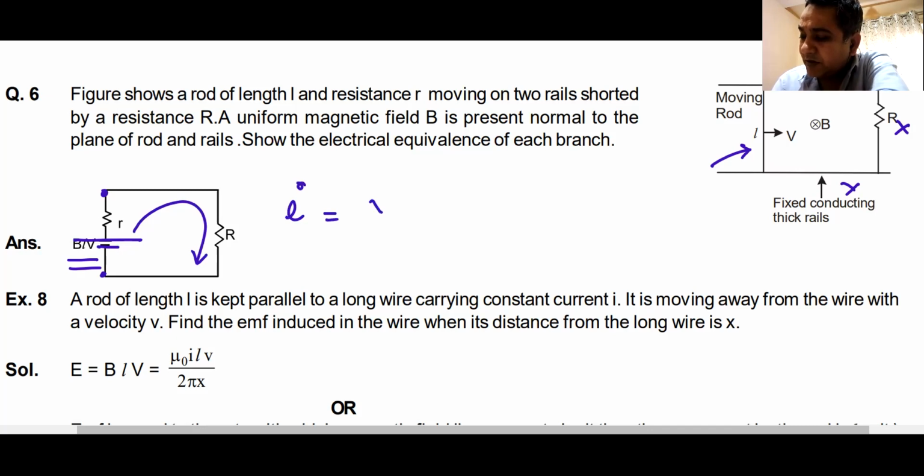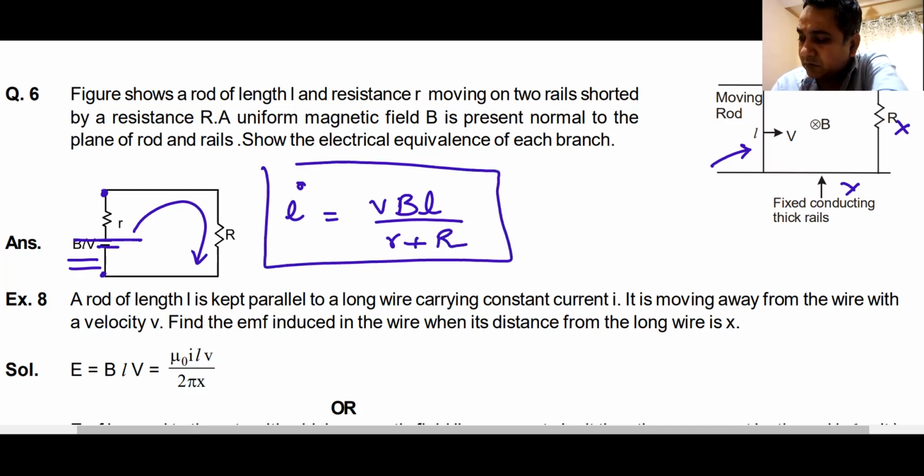How much will be the current? BLV upon small r plus capital R. Do we understand how I have done this?